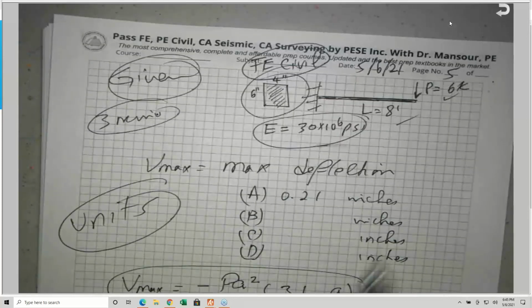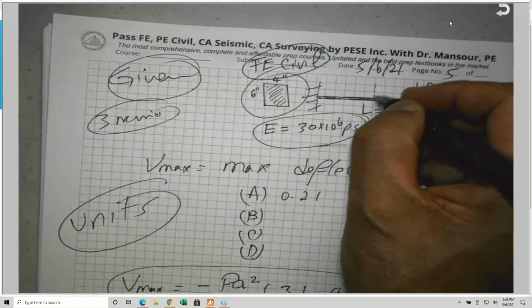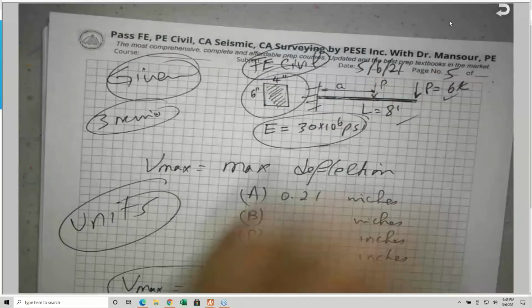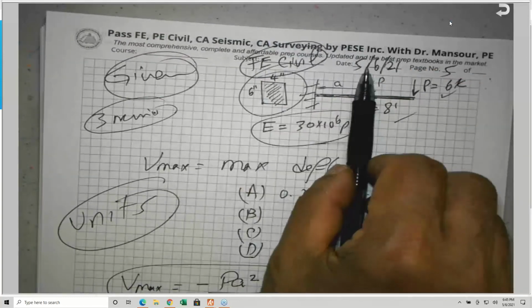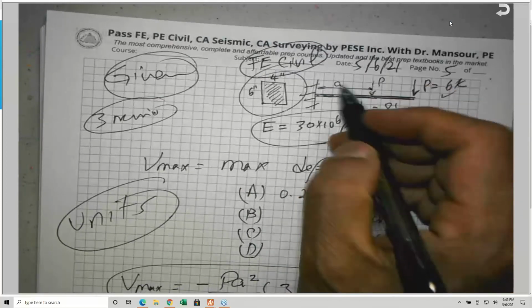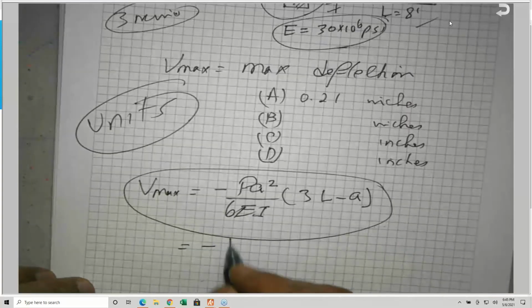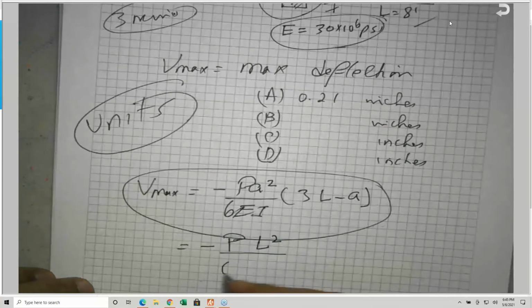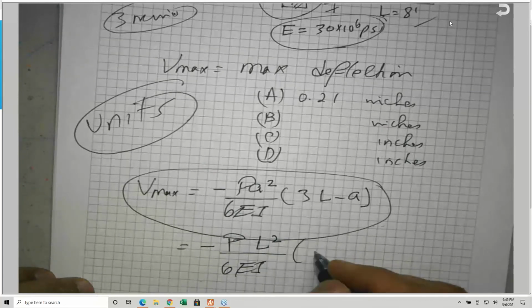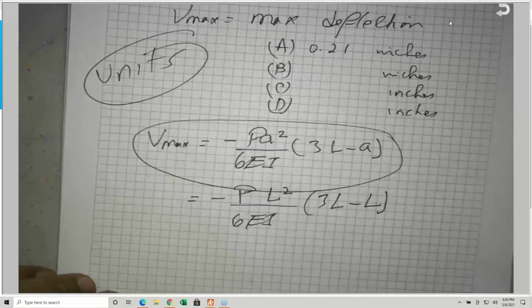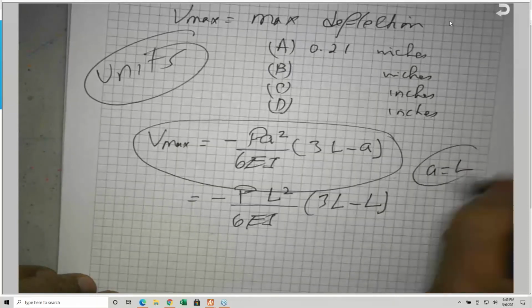This is if the load is acting somewhere at a distance, call it A. But if the load is moved all the way to the end of this beam, A is equal to L. So negative P L squared divided by 6 EI times 3L minus L.